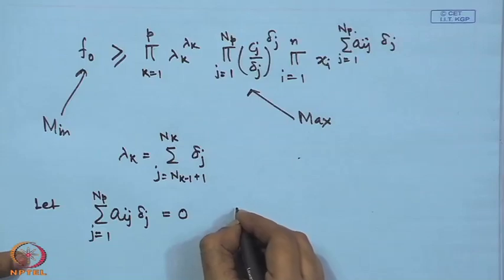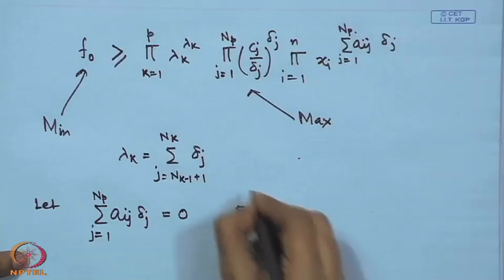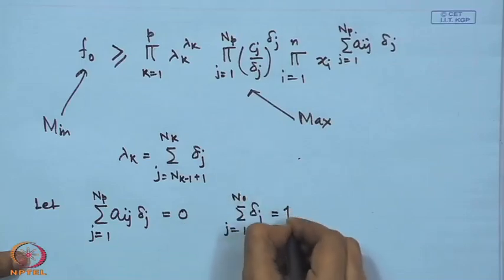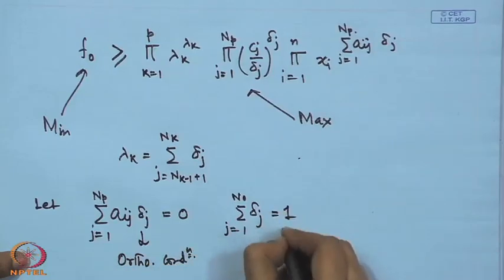And from the objective function, as we have developed already, the summation of delta j, when j is from 1 to n naught, is equal to 1. This is my orthogonality condition, and this is the normality condition.